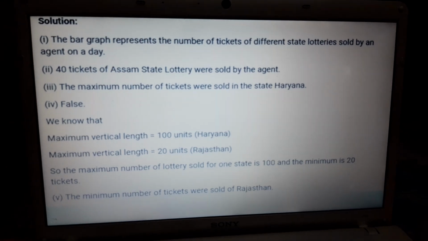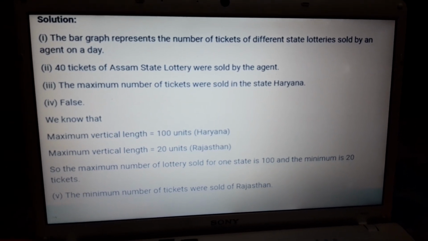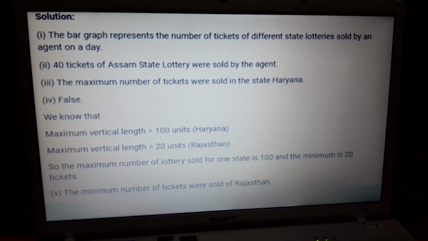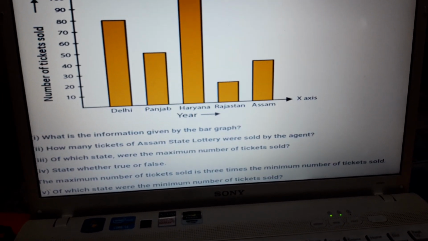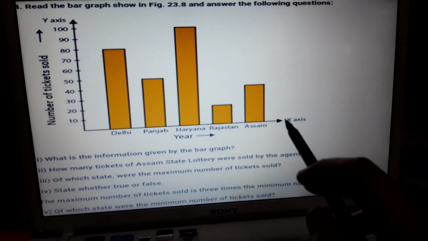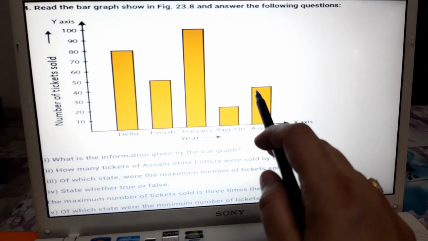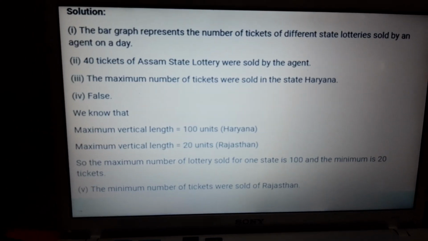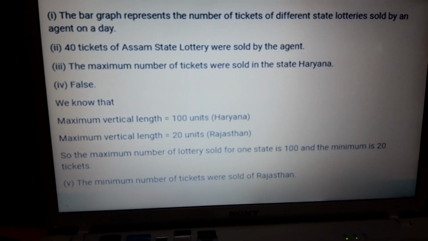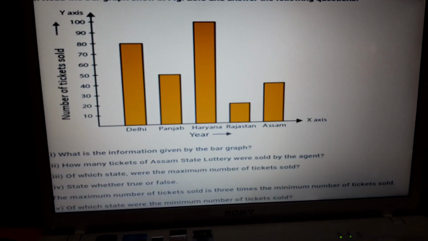So the bar graph represents the number of tickets of different state lotteries sold by an agent on a day. Next, how many tickets of Assam state lottery were sold by the agent? Now you can see Assam. So in front of this we will see the frequency. The frequency is 40. So 40 tickets of Assam state lottery were sold by the agent.